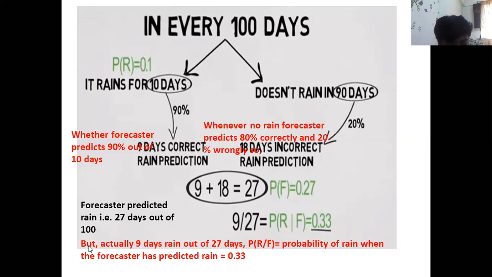The person in the example needed to know that 9 days of rain out of 27 days is the probability of a rainy day given that the forecaster predicted rain. So the probability of R given F is the probability of rain when the forecaster has predicted rain, which has already happened. These values come to 0.33.